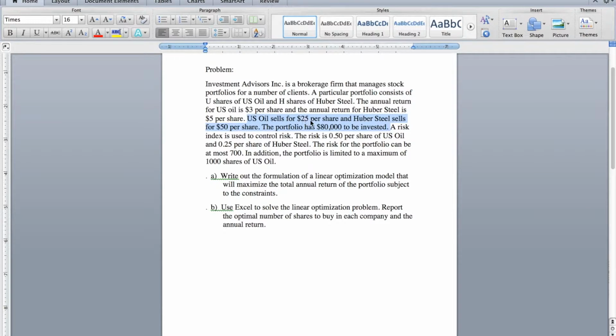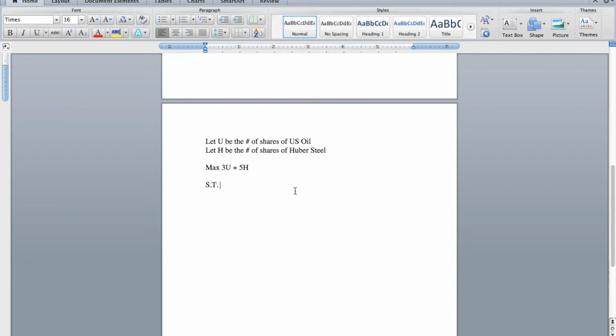We're going to do $25 per share for U.S. Oil and $50 per share for Hoover Steel, and the maximum dollars to be invested is going to be $80,000. So it's going to be 25U plus 50H is less than or equal to, because we want any number that is smaller or equal to $80,000.